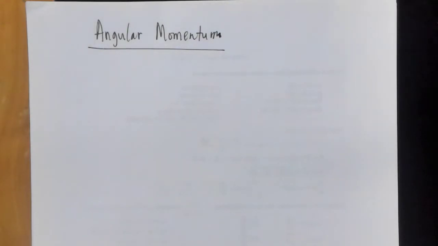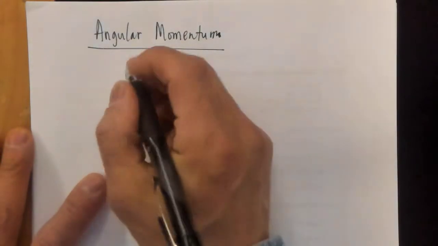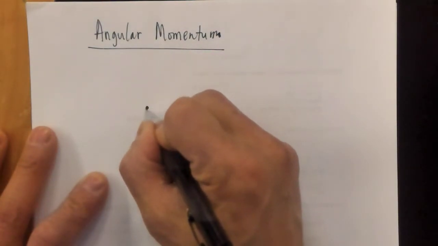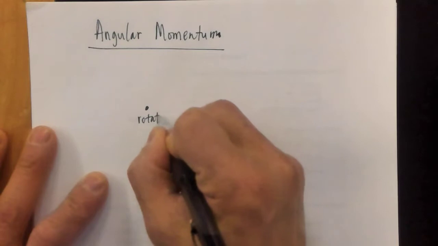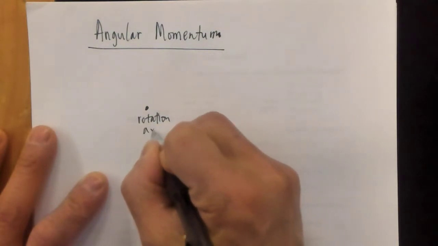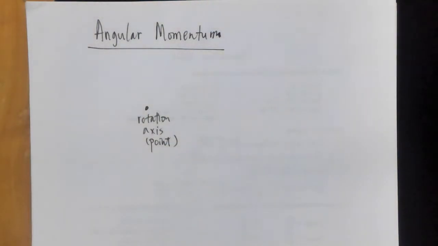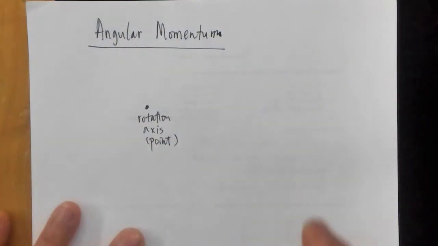In other words, if I throw something, this particle has some angular momentum with respect to some rotation. I'll draw the figure first. So this is the rotation axis or point. I draw it as a point, but you can think about it as an axis.